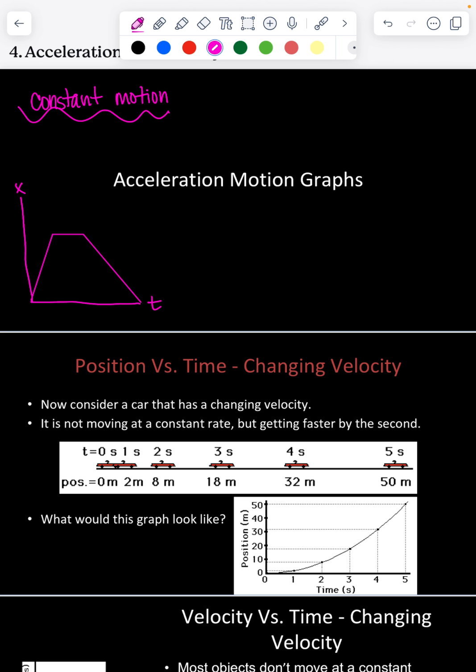All right, but the one thing that I really want you to see right now is that we have 3 different segments of motion. So in those 3 different segments of motion, we have 3 different motions happening.